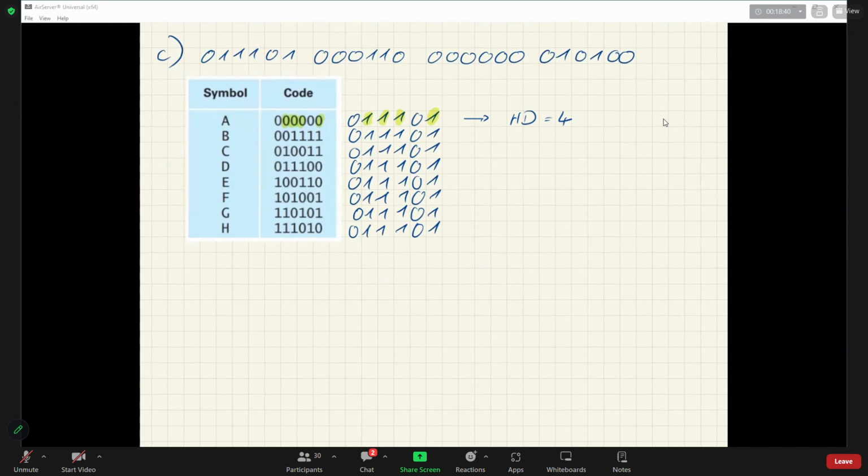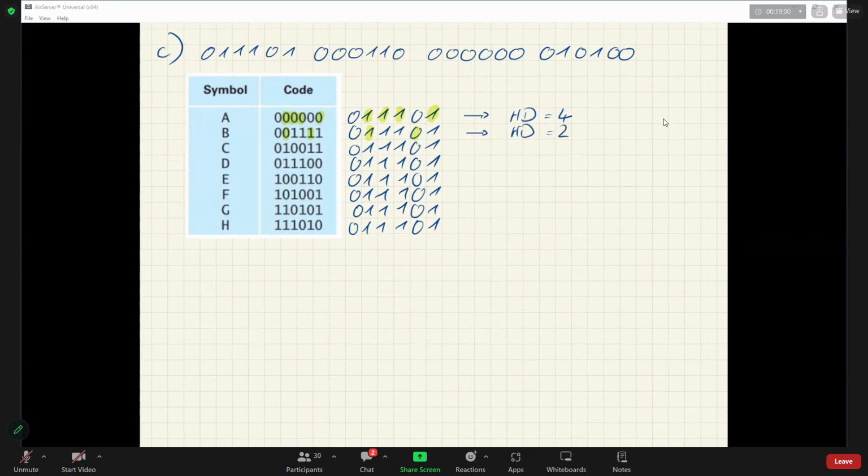Then for the next one, the first is the same, the second is different, the third is the same, the fourth is the same, that one is different again. So here we have a Hamming distance of 2. Then for the next one, so 0, 1, then 0, 0.